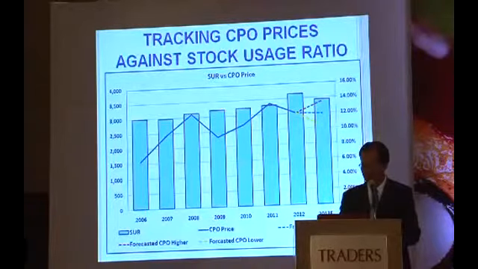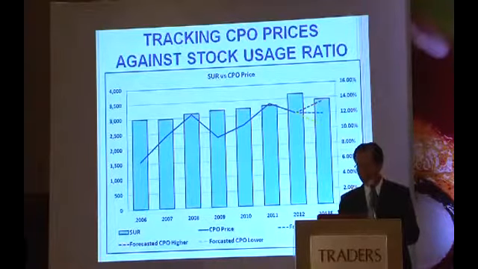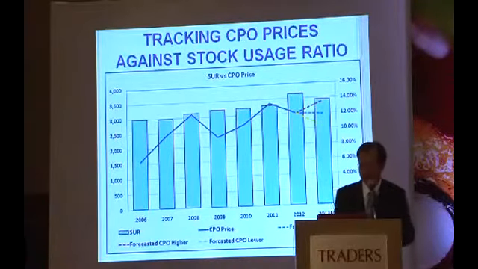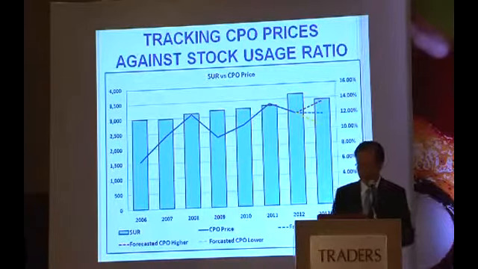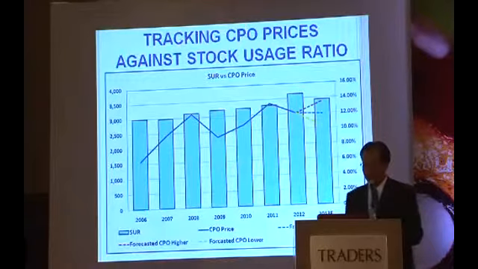Palm is slightly recovering in terms of stock usage ratio, meaning lower, but other oils, as mentioned by Mr. Melki, soya may be increasing in supply, therefore stock usage ratio is not coming down. And that means price will continue to stabilize at this current level or improve slightly.